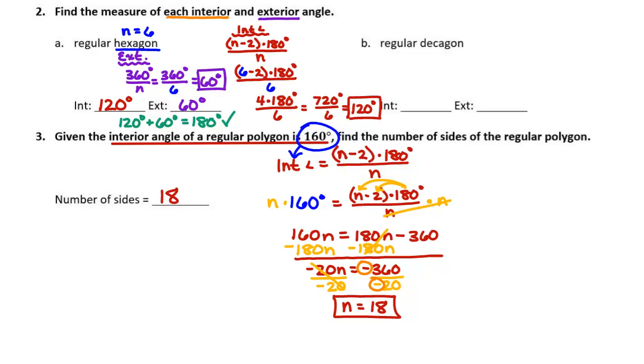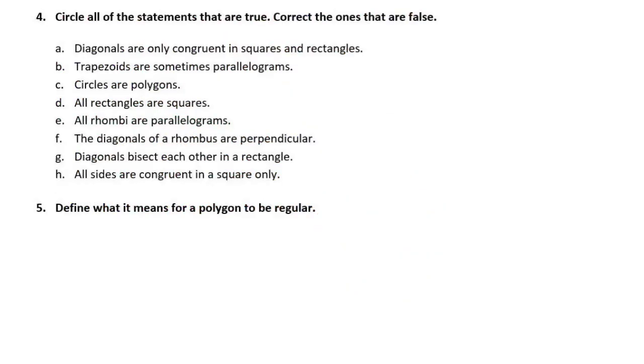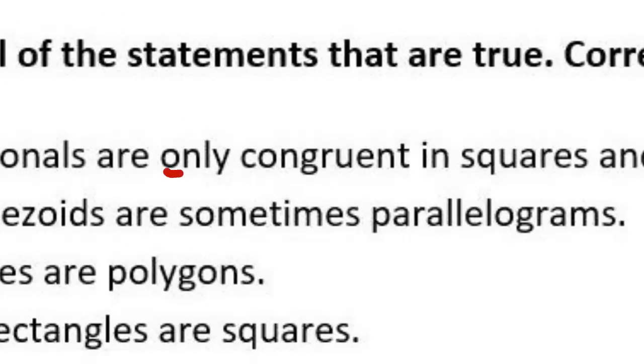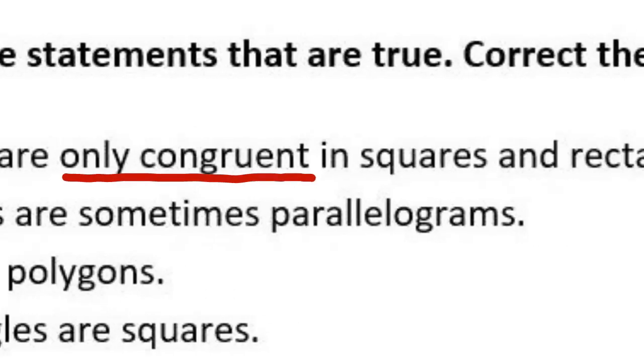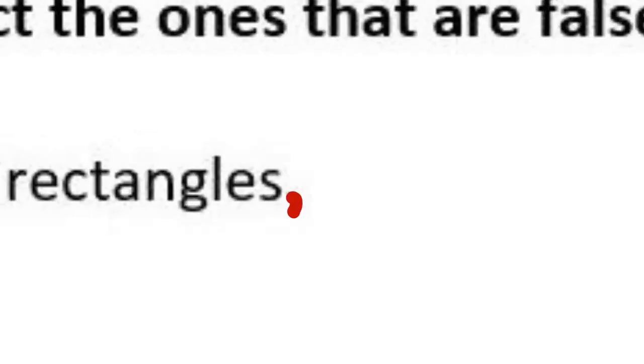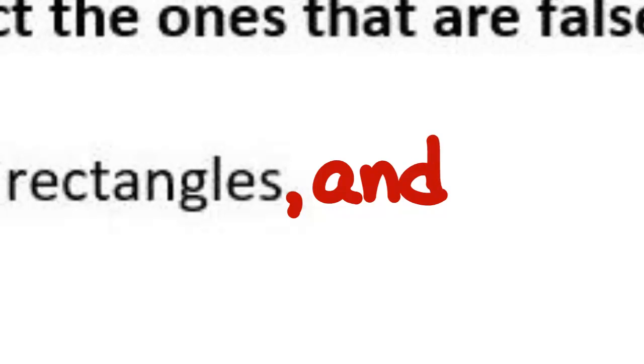All right, number 4. Circle all of the statements that are true, correct the ones that are false. A, diagonals are only congruent in squares and rectangles. Well, diagonals are congruent in squares and rectangles, but they are also congruent in isosceles trapezoids.